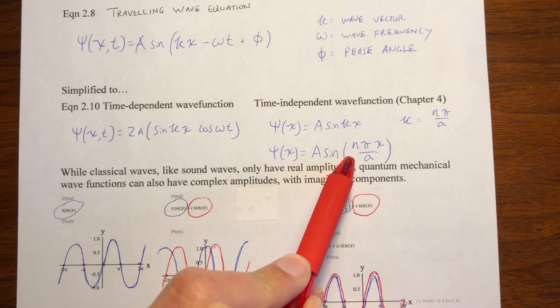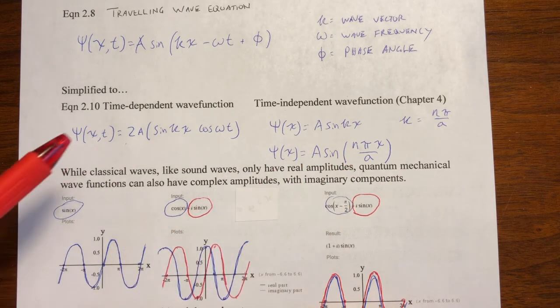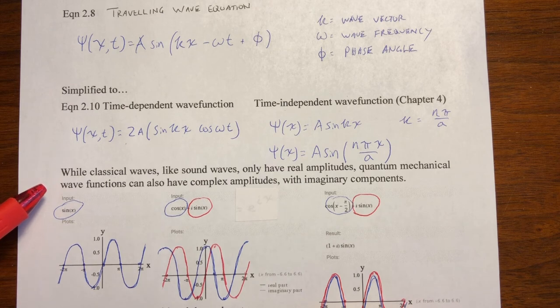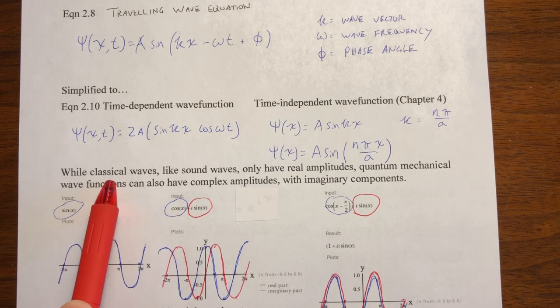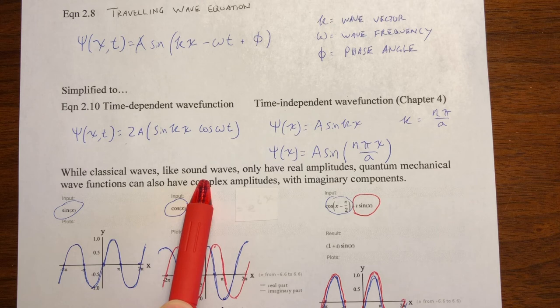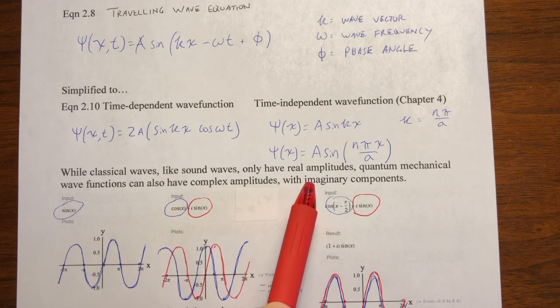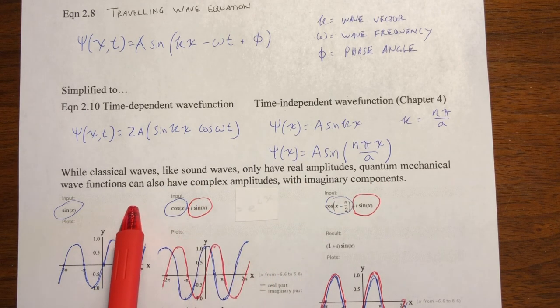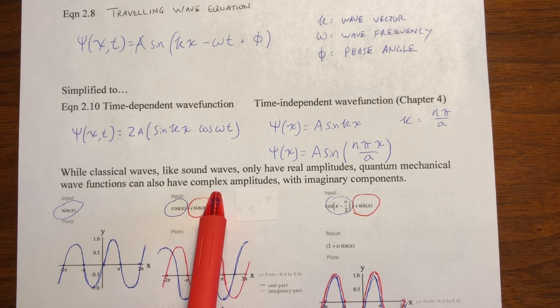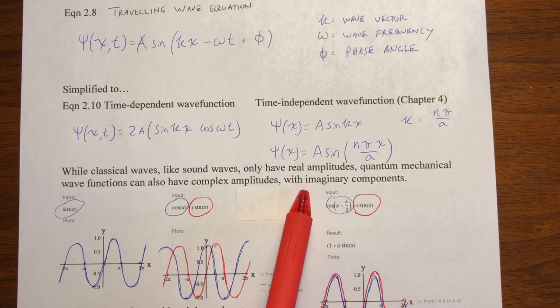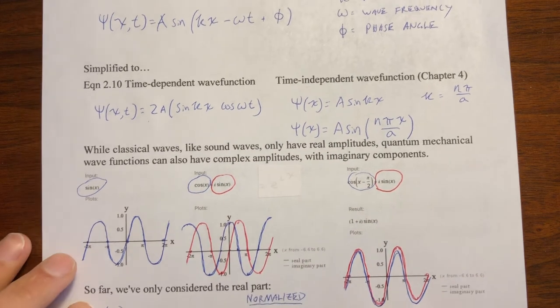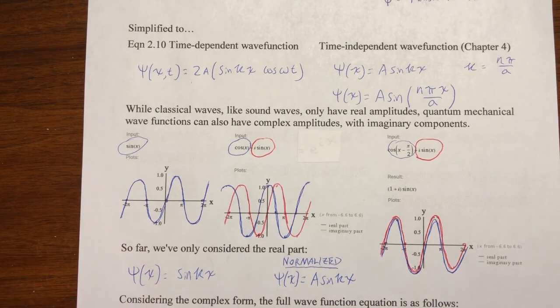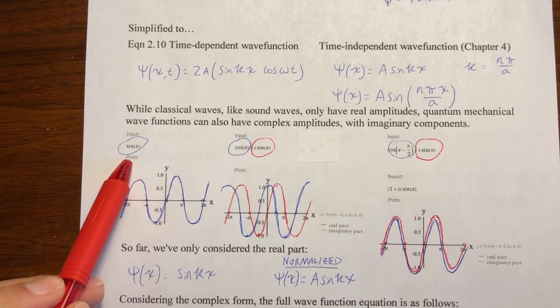Now, the new idea that we're going to introduce today deals with imaginary components. So while classical waves, like sound waves, only have real amplitudes, quantum mechanical wave functions can also have complex amplitudes with imaginary components. So first, to introduce this idea, let's take a look at sine of x.